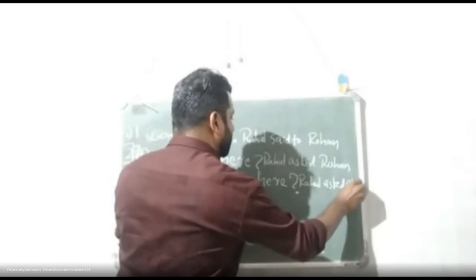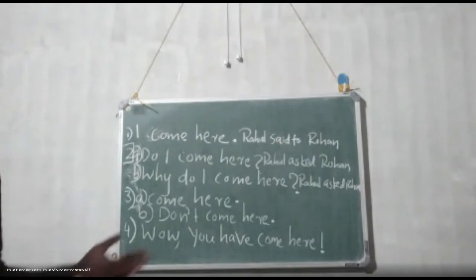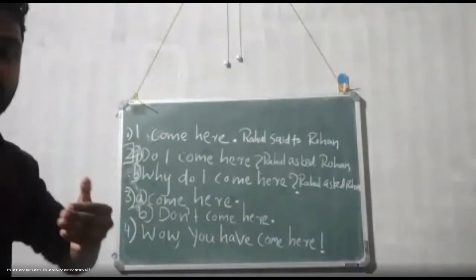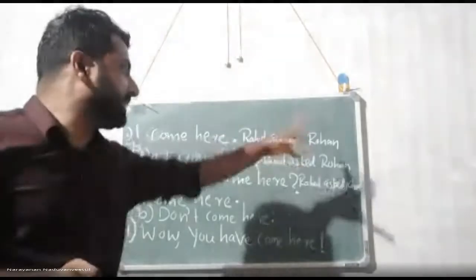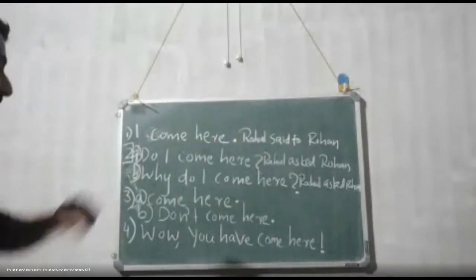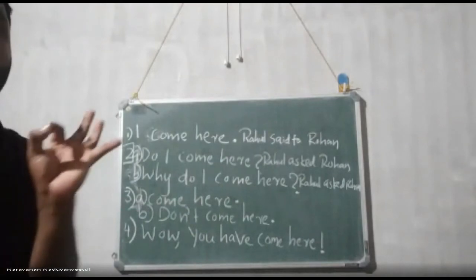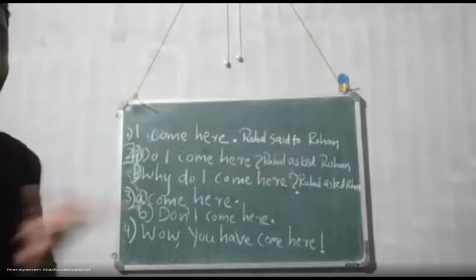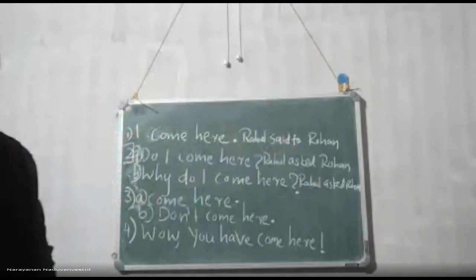Why have we used asked? Because it is an interrogative sentence. What is an interrogative sentence? The sentence that asks something, a question. So Rahul asked Rohit in A and B. Instead of asked, you can use inquired. Asked or inquired.